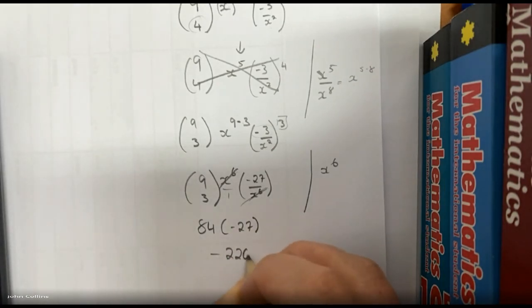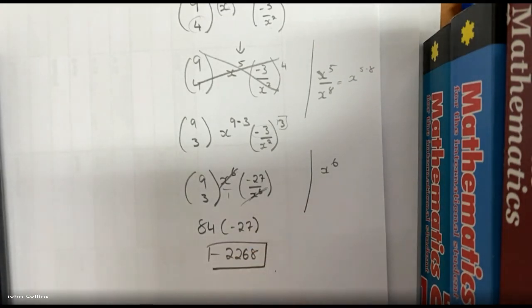Negative 2268 is the coefficient. If you got that, well, that's really good. This is very difficult homework. So that's 6B done, finding the constant term.